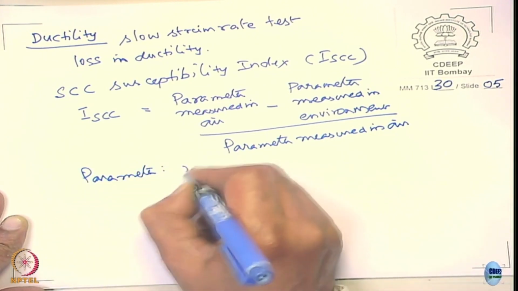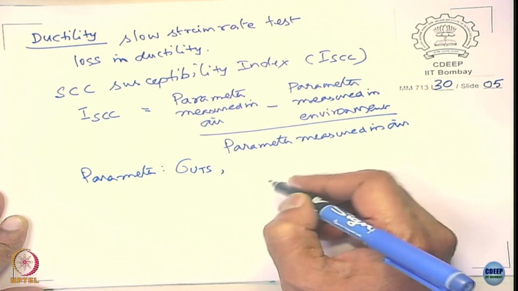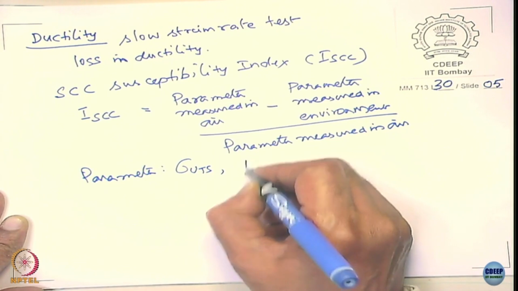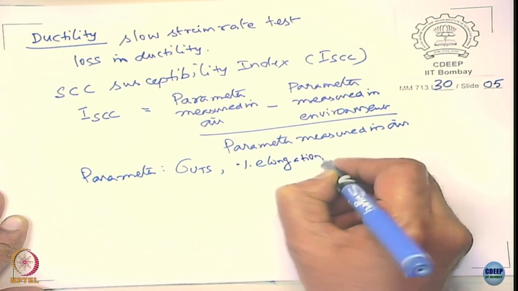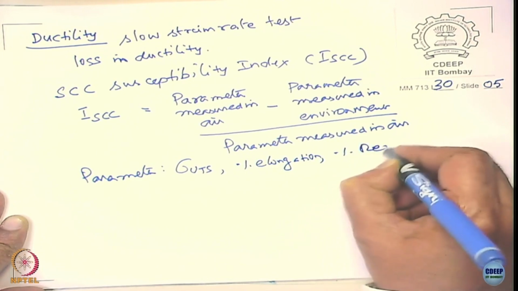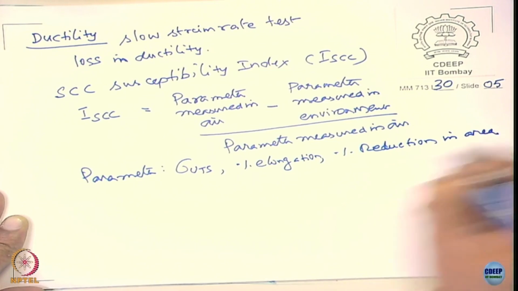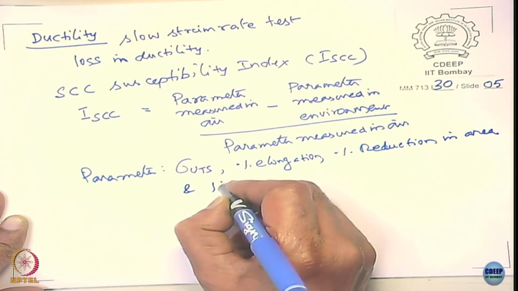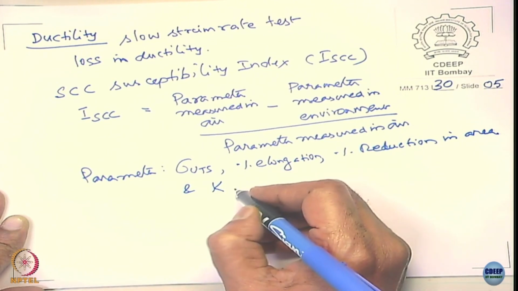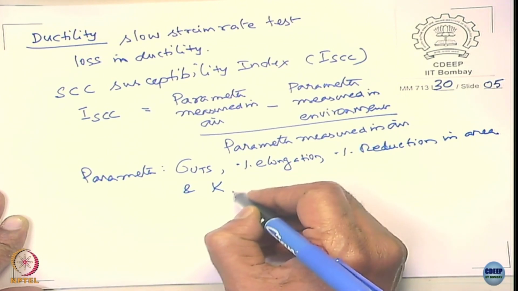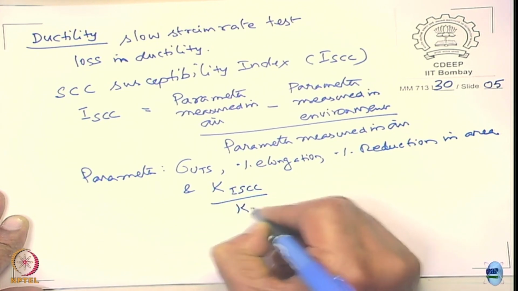it could be ultimate tensile strength measured there, it can be elongation, reduction in area, and if you want to call it, you can call it K1SCC versus K1C.